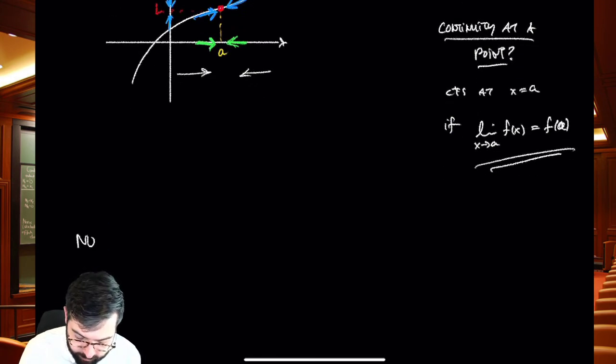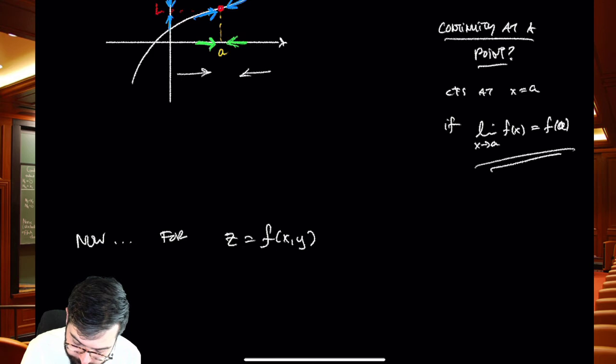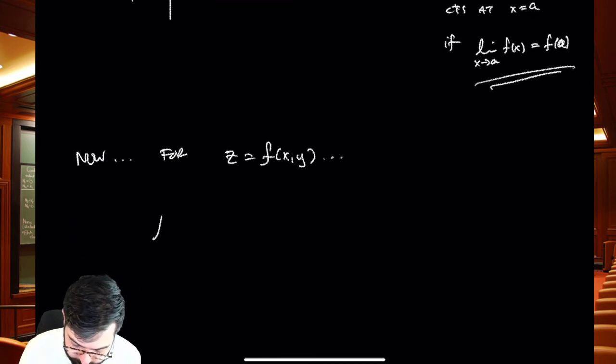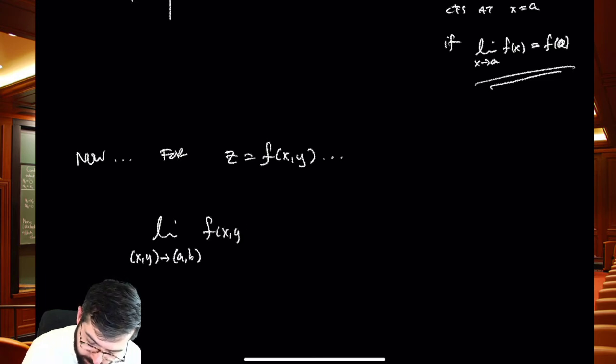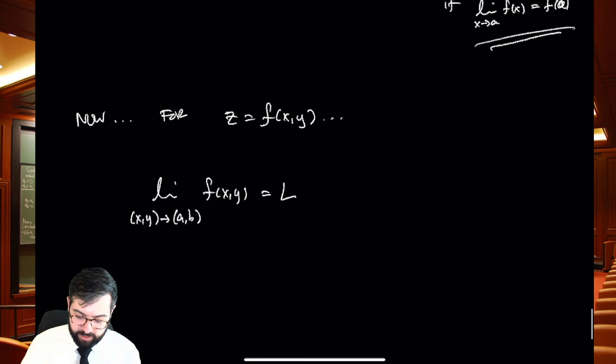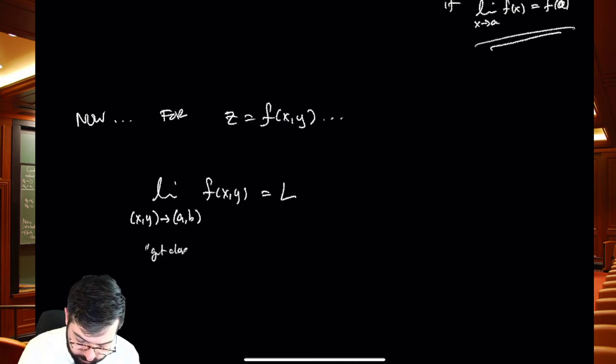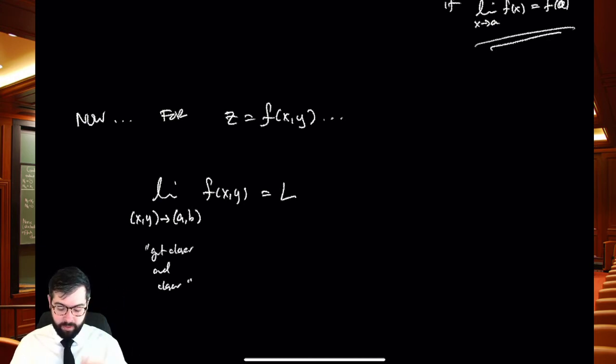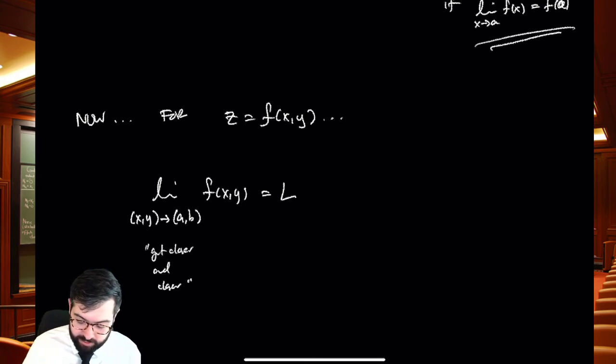So let's write that down. Now for z equals f of xy, we'd say the limit of f of xy, the limit of z, as these points get closer and closer to AB, this equals L only if this happens along all pathways.